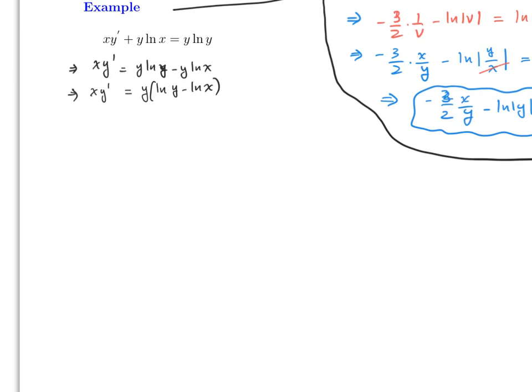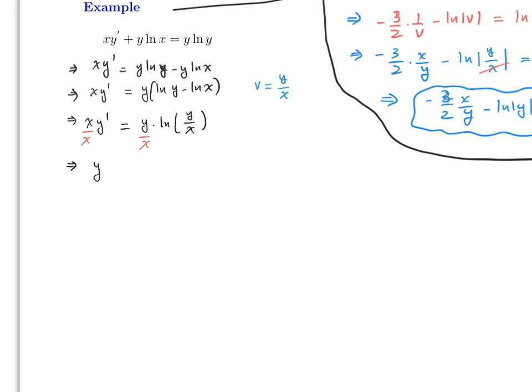We can rewrite this part as just x times y prime equals y times ln of y over x, which is a good thing, because remember we're trying to have y over x because that will give you v. Now if we divide by x, that is going to give us exactly what we're looking for.